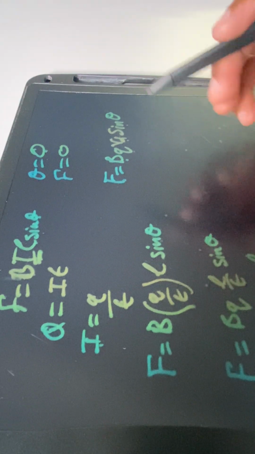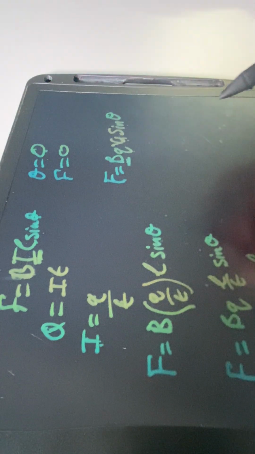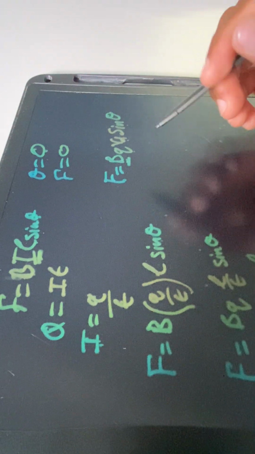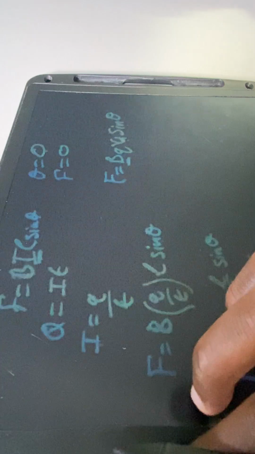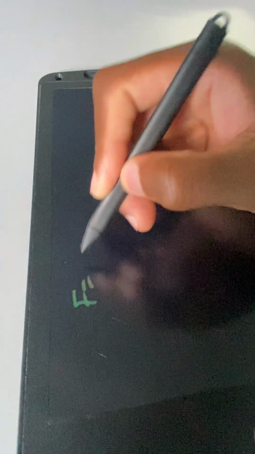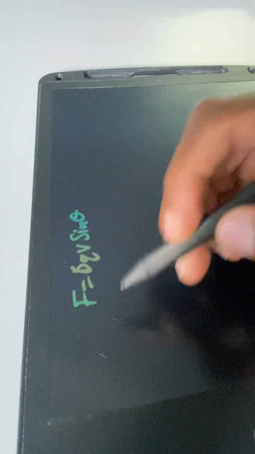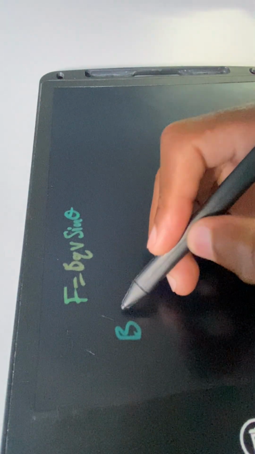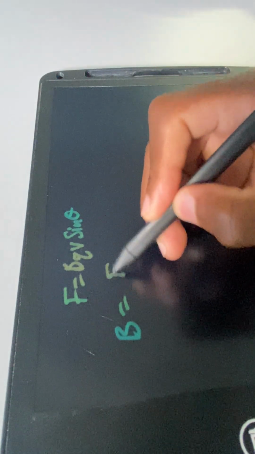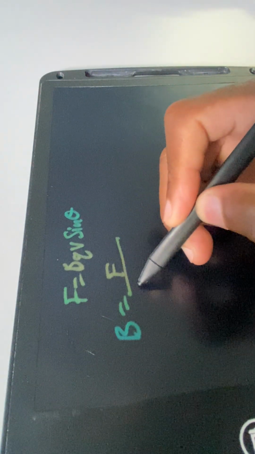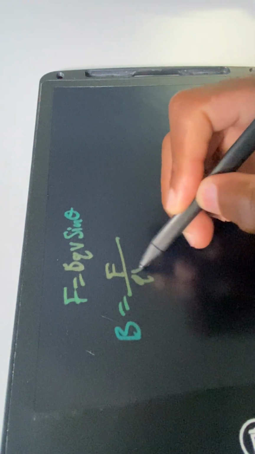Then I want you to look at something. What are the units of the magnetic field intensity? Of course, we can make F equal to B Q V sine theta, right? So our magnetic field intensity is going to be equal to F over Q V sine theta, isn't it?